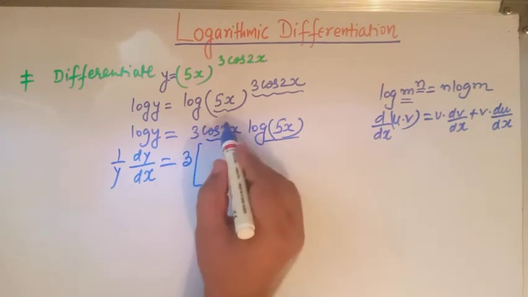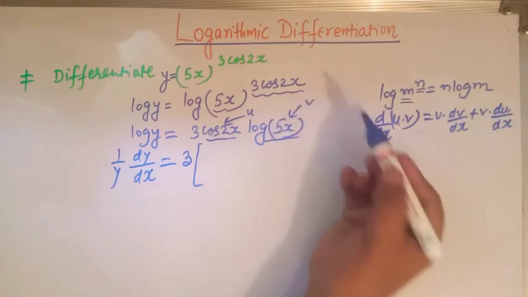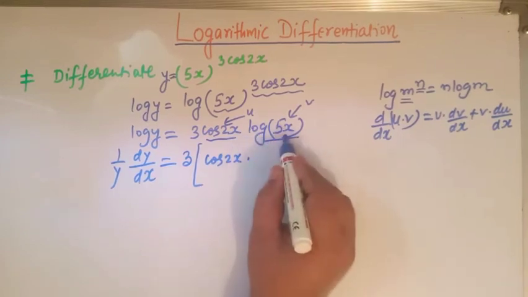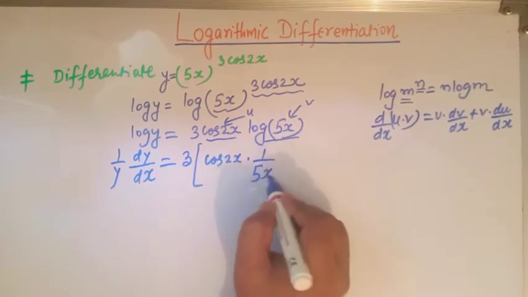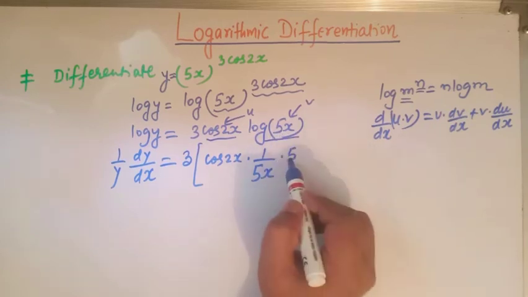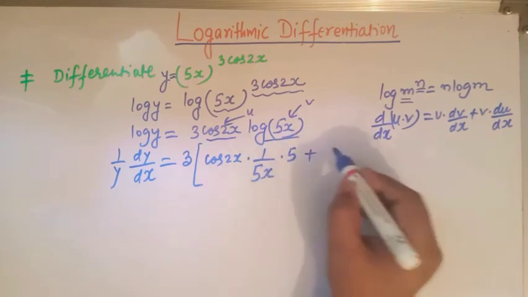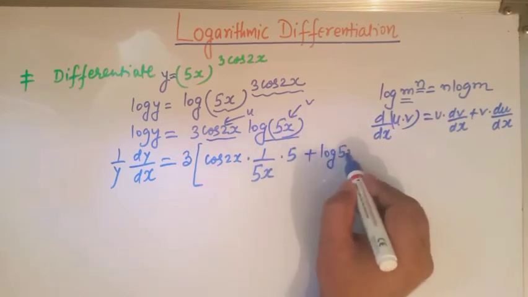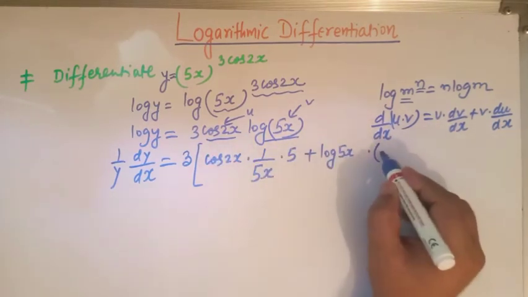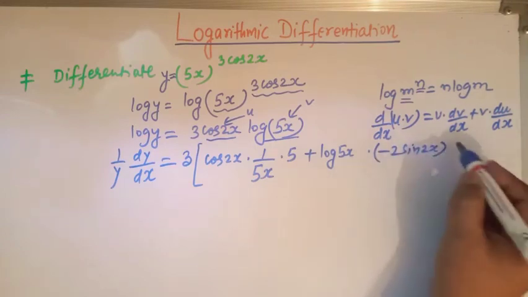So here let us take this function as u and this function as v. So we have cos 2x times the derivative of log 5x, which is 1 over 5x times 5, because the derivative of 5x is 5, the derivative of x is 1. Clear? Plus then we have log of 5x times the derivative of cos 2x, which is minus 2 sin 2x, right?